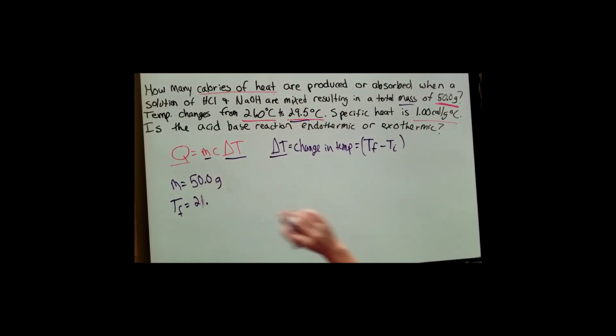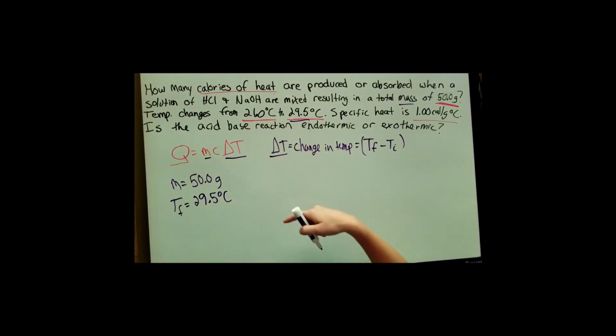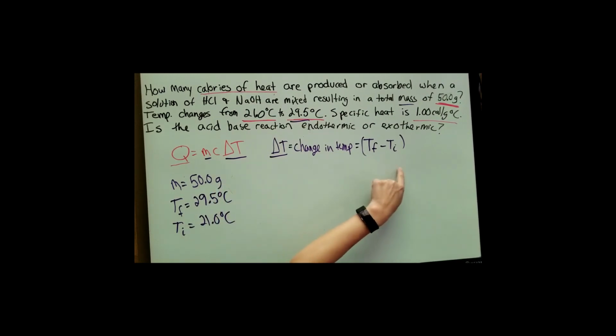And I'm already writing the wrong number. Got my little eraser here. 29.5. So the initial then is 21 because that's what the original temperature of the solution was initially. So we have 21.0. So we have our m, we have our ΔT, Tf minus Ti.